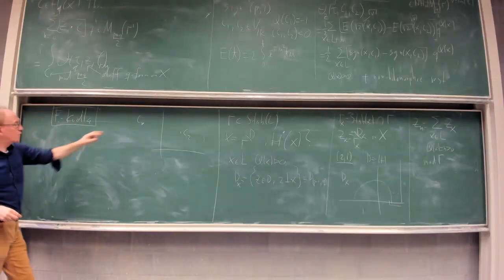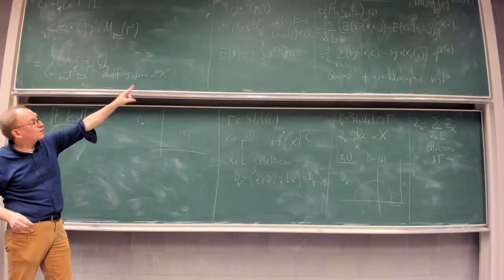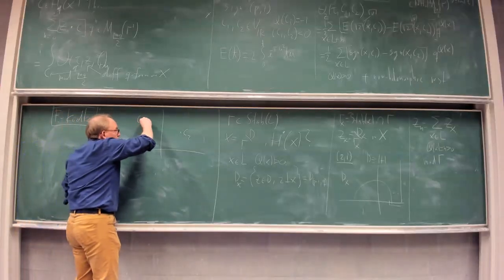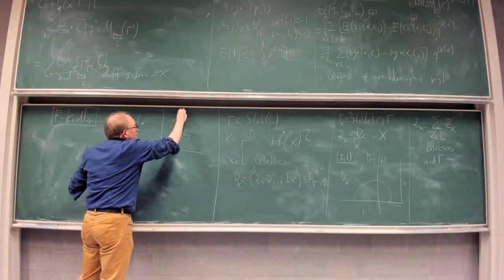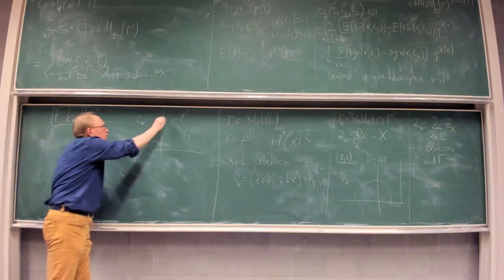So what we did is, so you have this. We are in signature (p, 1), everything is as before. You connect them with a curve gamma, any curve.